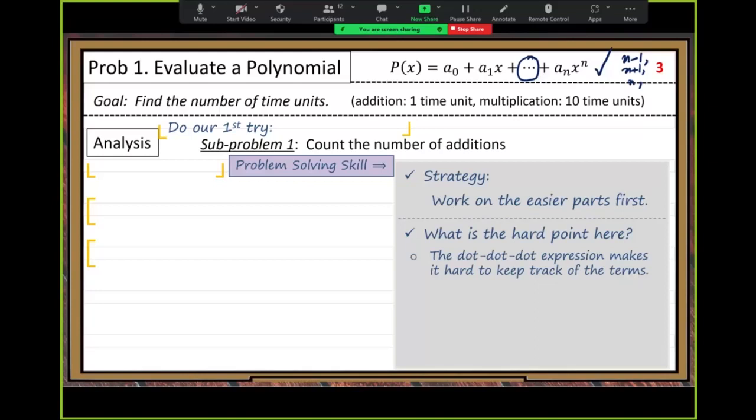But when we use the expression, that makes it hard to figure out the final answer, right? Because people get lost. It's hard to keep track of the data. Most people get lost with the expression.